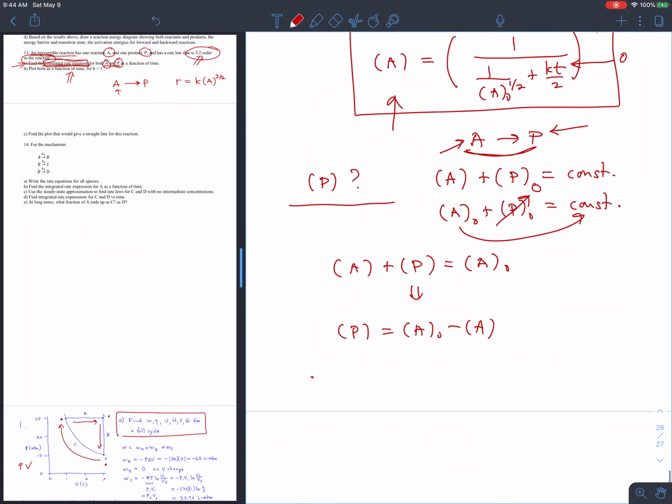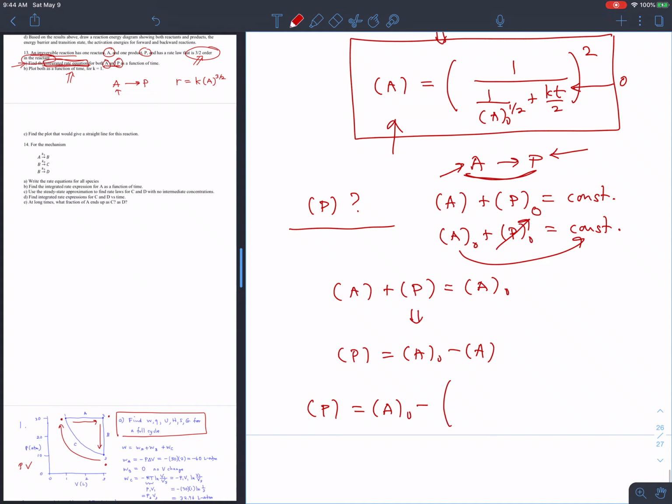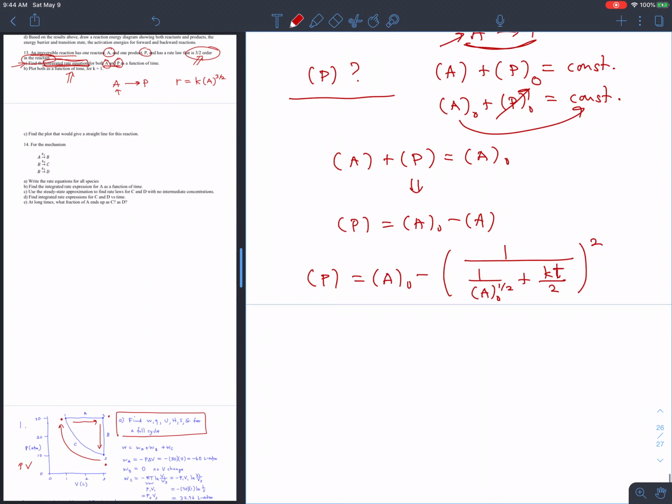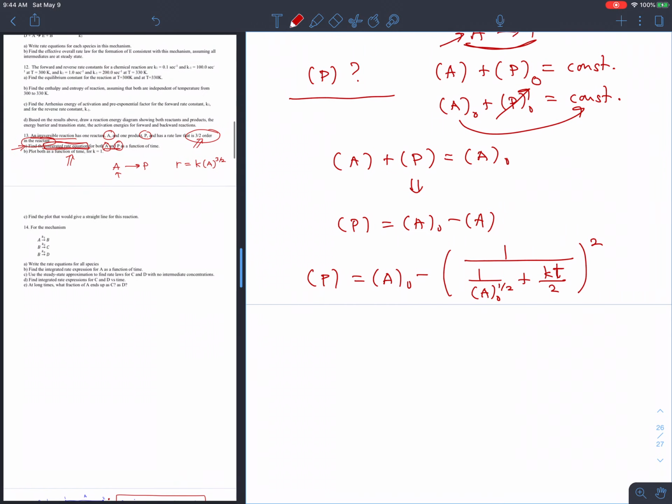And so finally we have that P is equal to A0 minus all this stuff up here. So 1 over A0 to the 1/2 power plus kt over 2, squared. And that's P. So now we've answered both parts of the original question for part A.